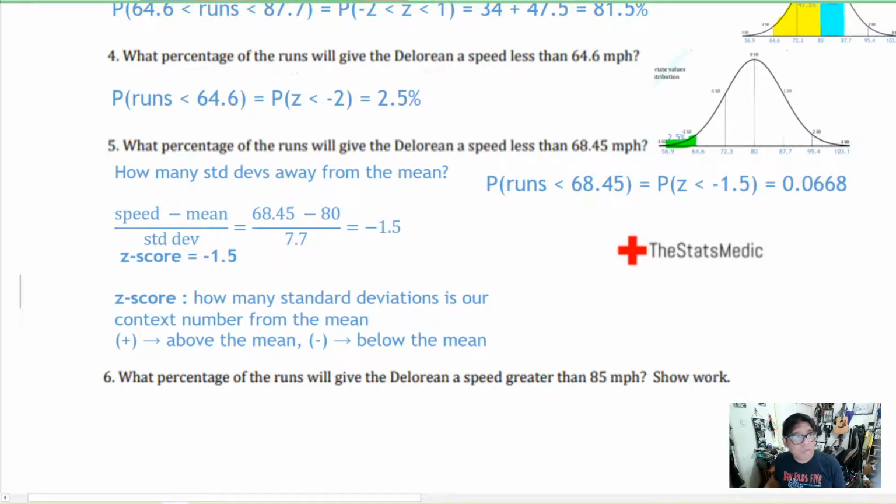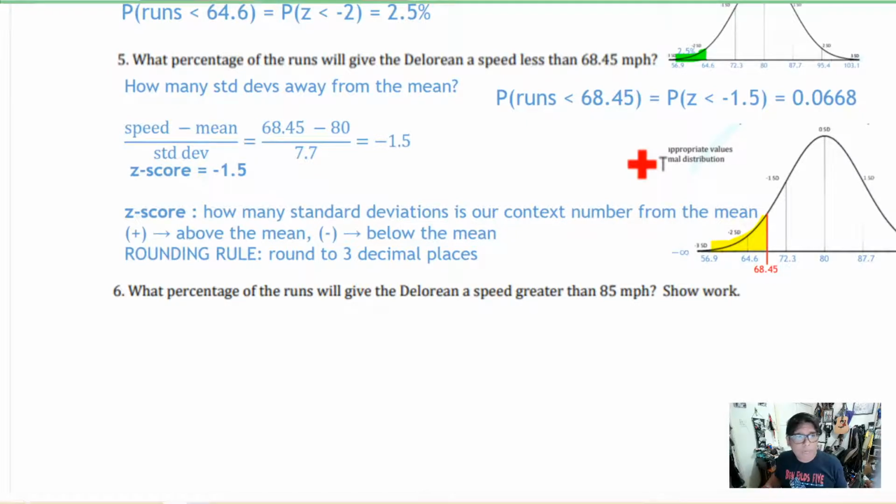Now, just like before, I want this number in 4 decimal places. The other thing that I should mention is that whenever you're writing out a z-score, your z-score needs to be at 3 decimal places.